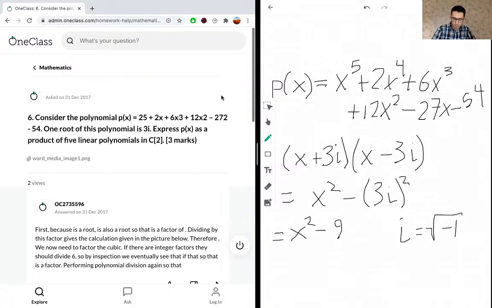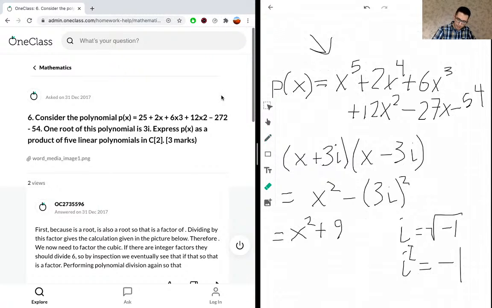So i squared is -1. And then since we have 9 times -1, we can just turn this into a positive sign. So we have x squared plus 9, and we know that we can factor that into this polynomial to get the roots 3i and -3i.